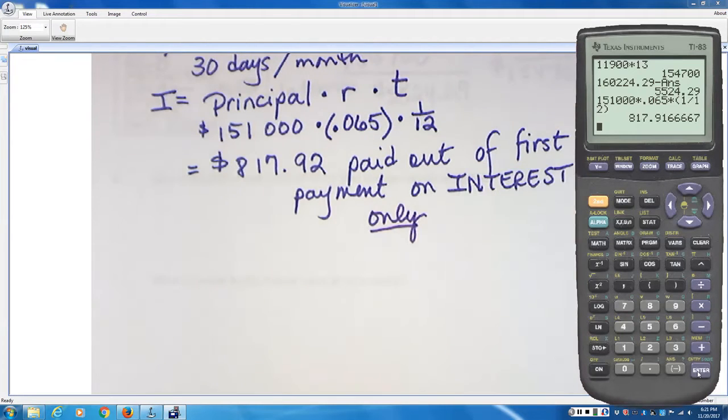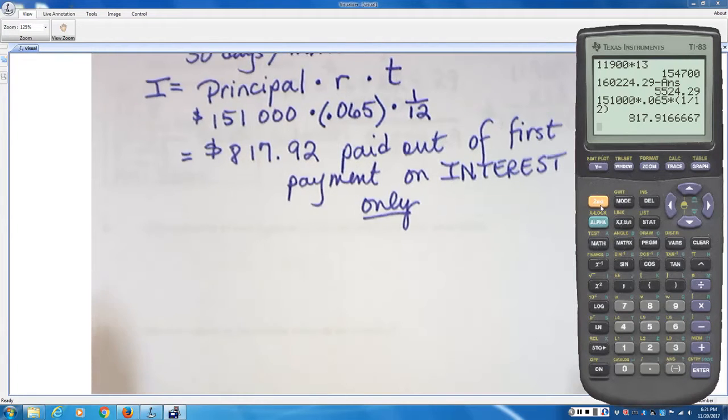And that was paid on interest only. It did not get deducted off the balance of your loan. So you take your actual payment amount, which up here was $954.43.